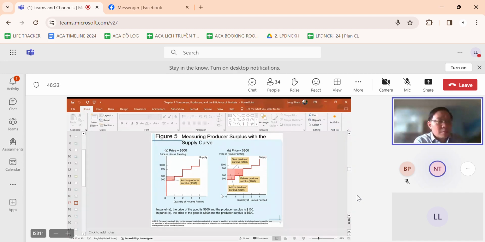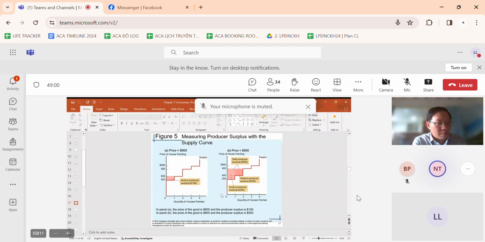Yes, here we have two situations. In situation A, if the price is $600, you can see a small rectangle between 500 and $600, which is the producer surplus. However, when the price increases from $500 to $800, the producer surplus increases and its area is larger compared to the producer surplus of Pablo and Andy.